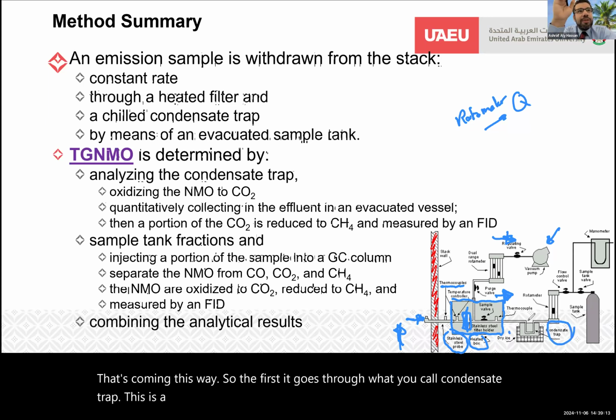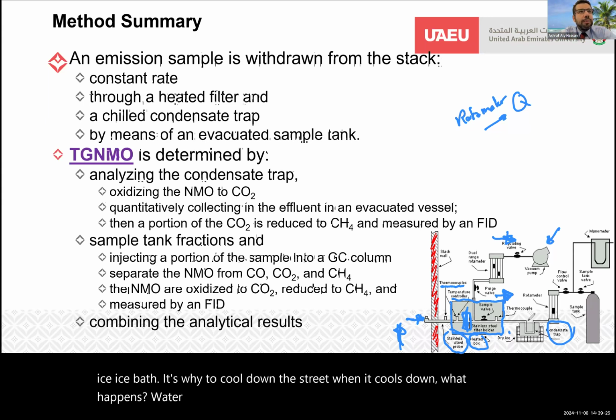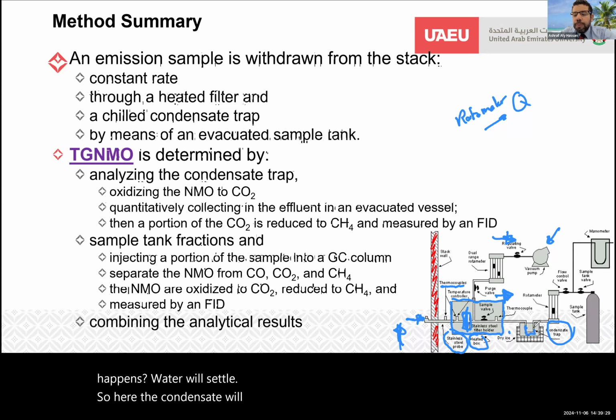What is a condensate trap? It is a U that's put in an ice bath. Why? To cool down the stream. When it cools down, what happens? Water will settle. So here, the condensate will be in this U, and then the rest will go here.